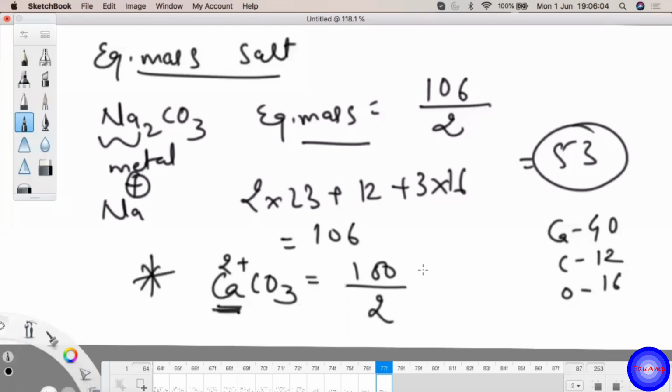Therefore 100 divided by 2 is 50. So the equivalent mass of calcium carbonate is 50. I guess some students are facing problems with the charge on the metal. If you want to revise this, just go through your class 10th or class 9th textbook. You will find the charges on metals. If you still get confused, please contact me via chat. I'll let you know the charges.